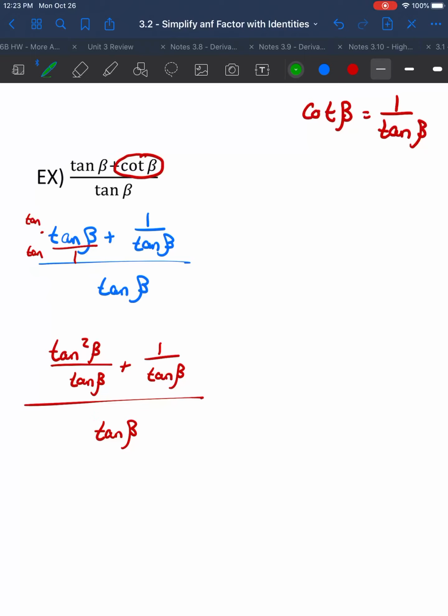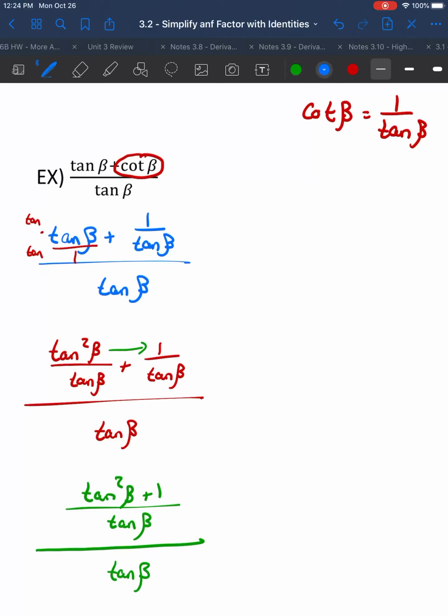Because now look at our numerator. I've got a common denominator, so I can add straight across the top and keep the denominator. That's all still over the original denominator, tangent of beta. I have a fraction divided by something. We don't divide fractions.